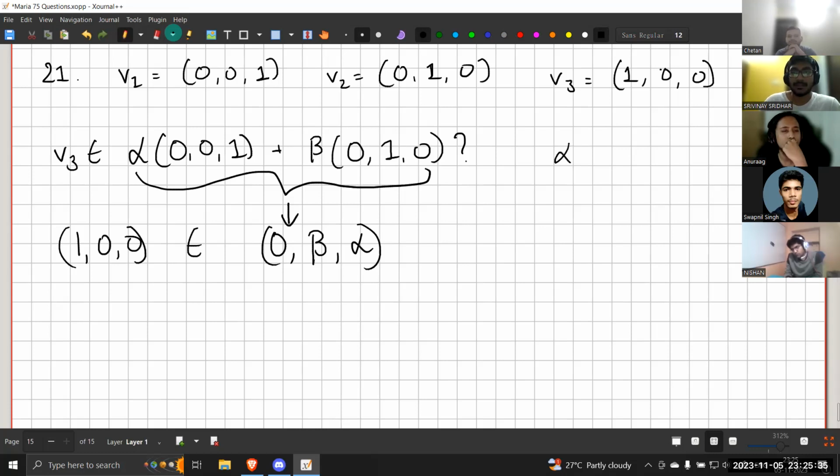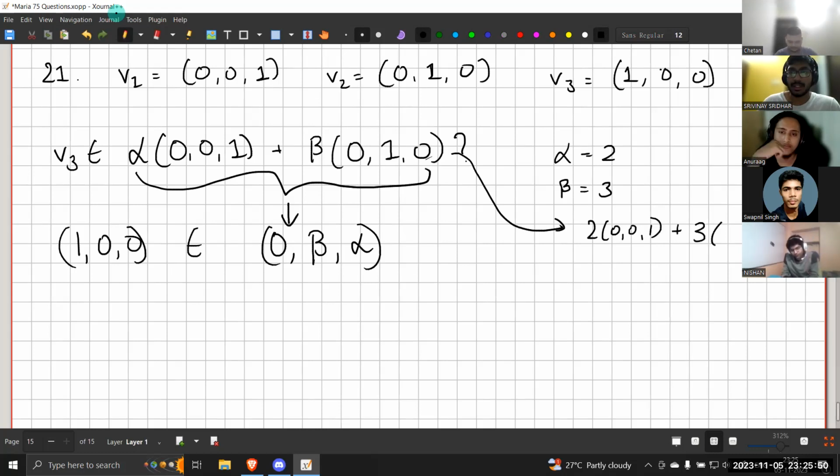What if I take alpha equal to 2 and beta equal to 3? What happens? This becomes 2 times 0, 0, 1 plus 3 times 0, 1, 0, which is nothing but 0, 0, 2 plus 0, 3, 0, which is nothing but 0, 3, 2, correct?